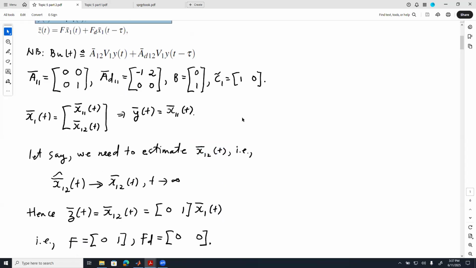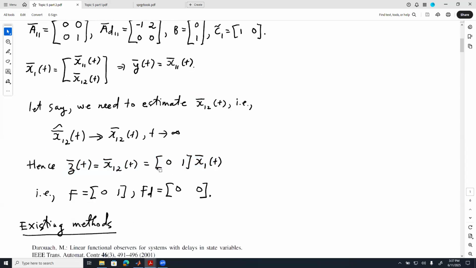You can call it a linear functional observer when we express it in this form. The matrix F is that row matrix there, and of course FD is 0 because we want to estimate this instantaneously. So this functional itself is the classic functional that we normally have in the literature.